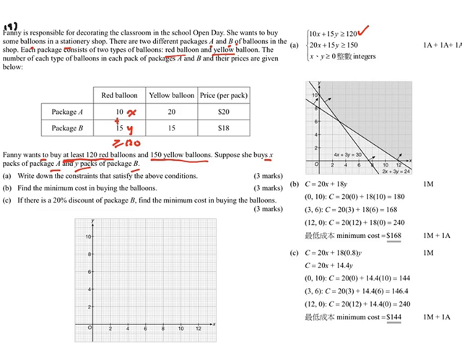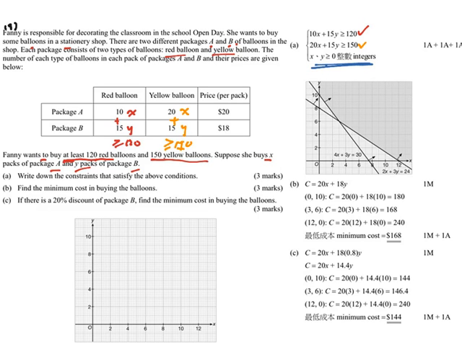For yellow balloons, it is actually similar. 20x, 15y, add them, at least, that means more than 150. So we have another one. And finally, because x and y are the number of packs, they should be integers. They can be greater than or equal to 0.